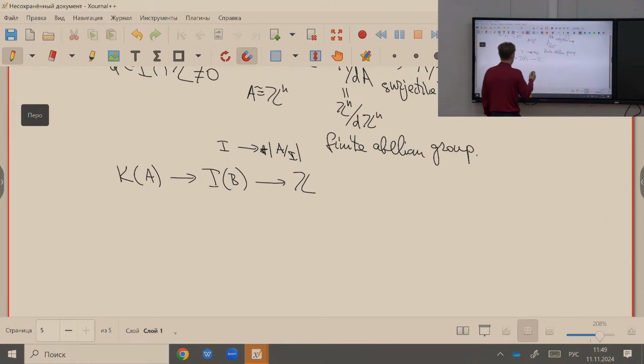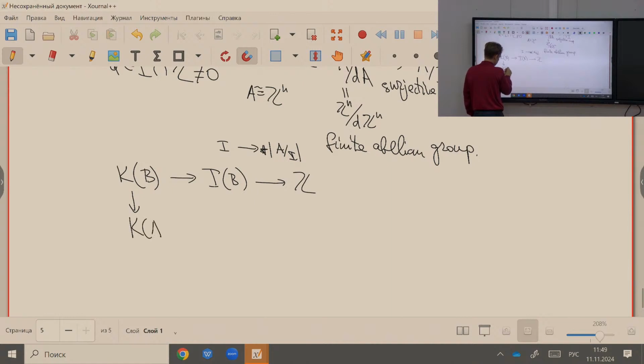However, this norm is just what is said here. So this norm is actually consistent with this product.